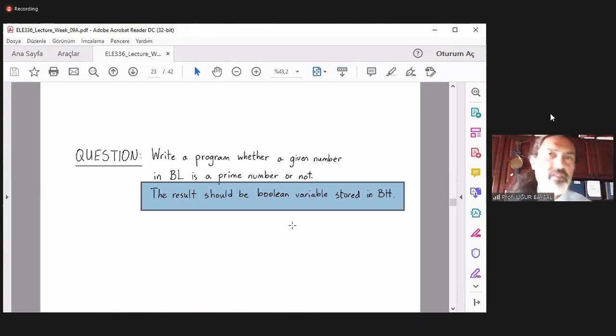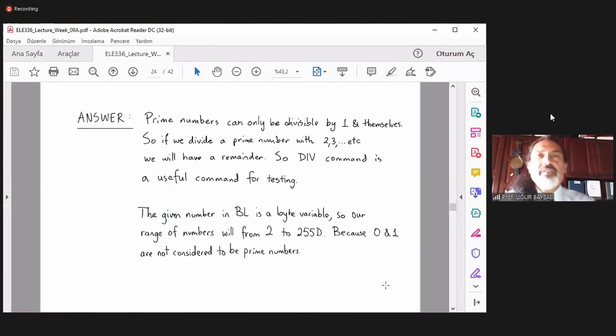The whole register stores a Boolean variable. If not, it should be 0. So let's have a look at the definition of a prime number. Everyone knows the definition. It's a number which is divisible only by itself and by 1, no other number, okay?